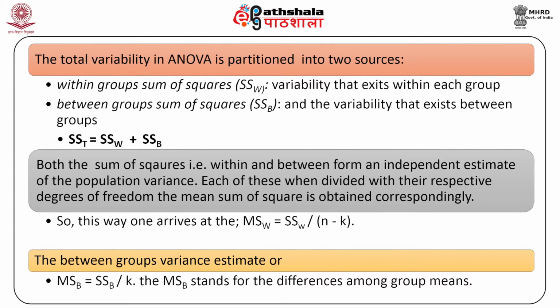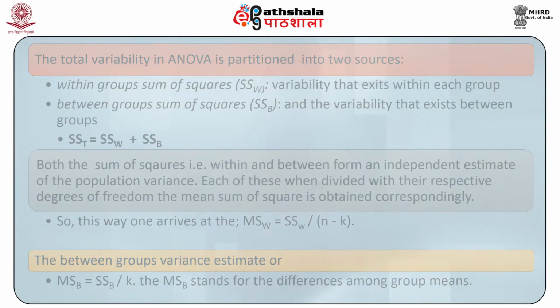Each sum of squares is used to form an independent estimate of the H0 population variance. The estimate based on within-group variability is called the within-group variance estimate, also called MSW, and the estimate based on between-group variability is called the between-group variance estimate or MSB.